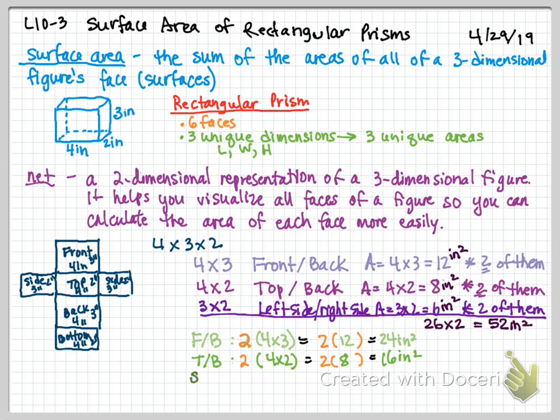And then last would be the 2 different sides. So I'm going to say left side, right side. So I'm talking about 2 different sides with an area of a 3 by 2, which gives me 2 sides that measure 6 for a grand total of 12 square inches.